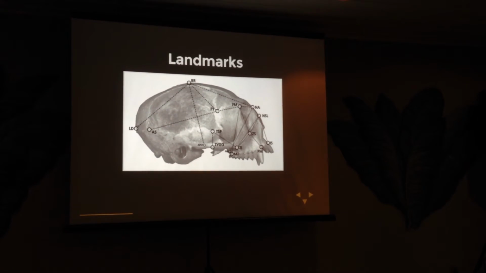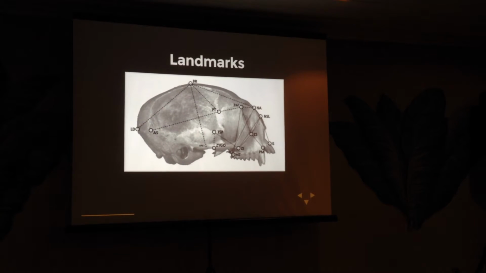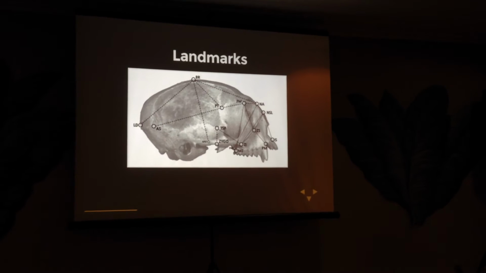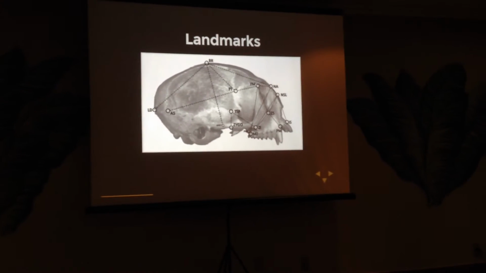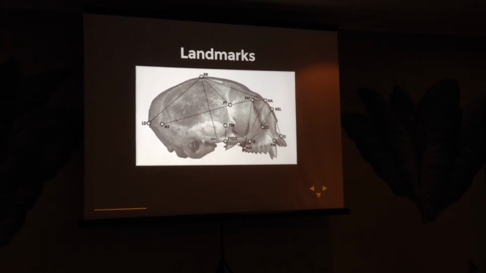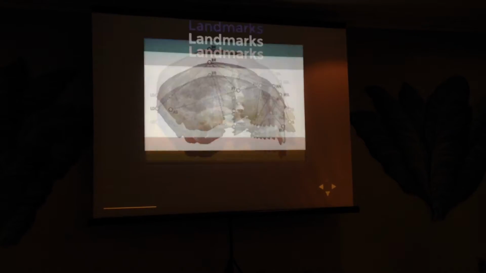So each individual is represented by 6 landmarks, and we estimate 38 local shape variables in the midline of each one of these distances, here represented over a marmoset skull, lateral and ventral.